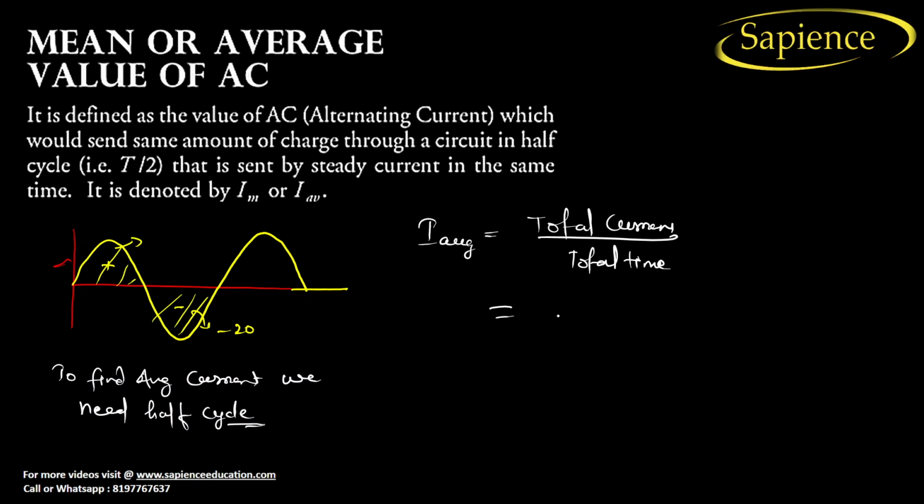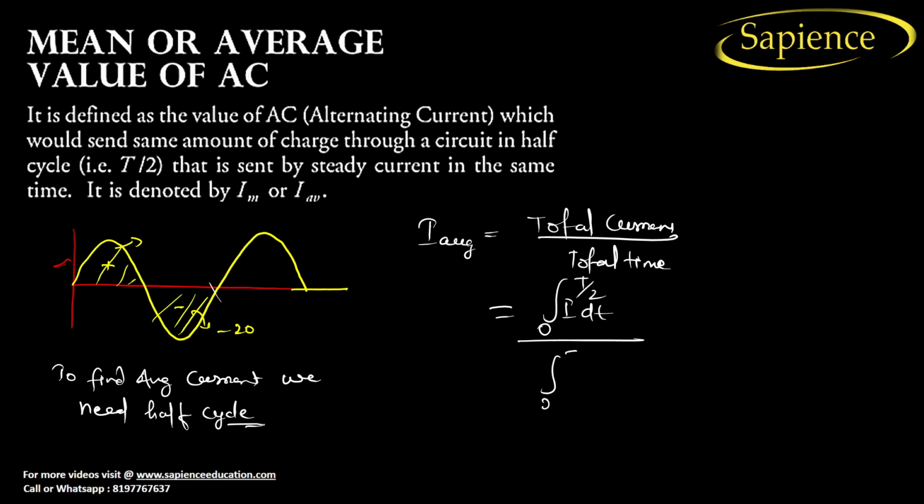So let us integrate it from 0 to T by 2. Why? Because if we take the full cycle, it will give 0, so we cannot get an average value. We should get the average value only in magnitude. So we will use here I average is equal to the integral of I dt divided by the time period. How much time are we taking? Total time.